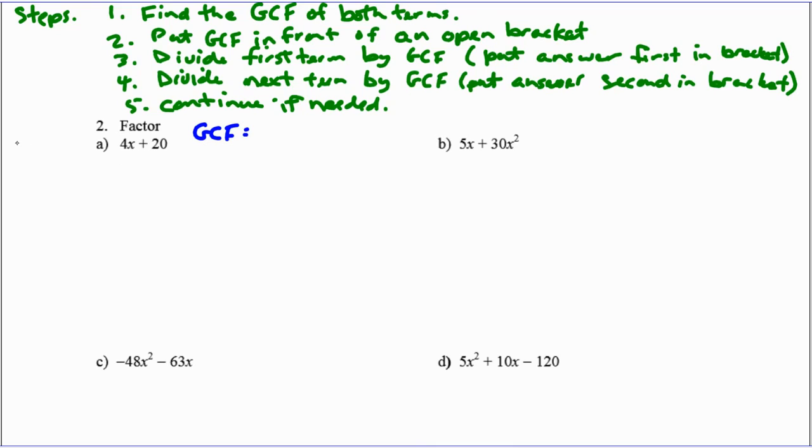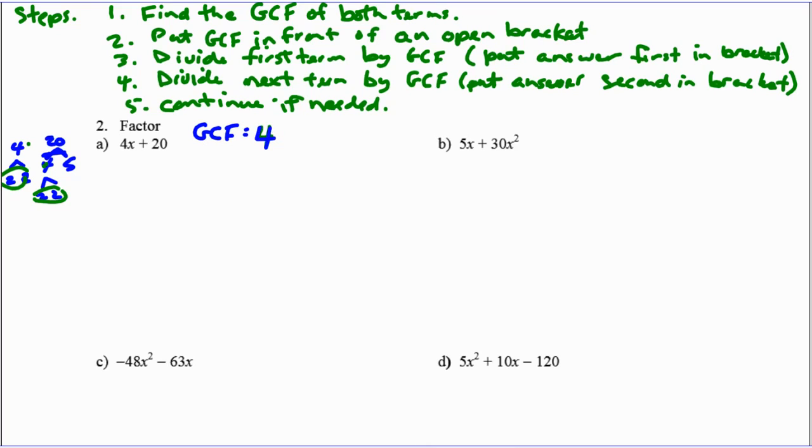Sometimes you need to work that out. 4 goes 2 and 2, 20 goes 4 and 5, so we could have stopped here. Or you can go further, 2 and 2. Then you say, oh, we got 2s and 2s. So we have 4. It might have been more obvious. So the GCF is 4.